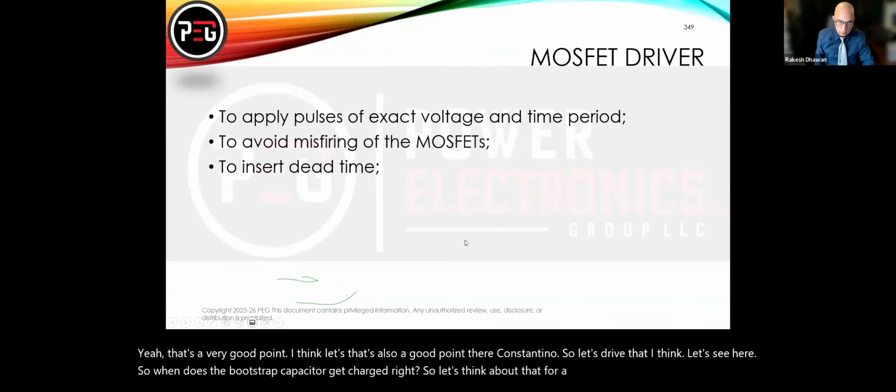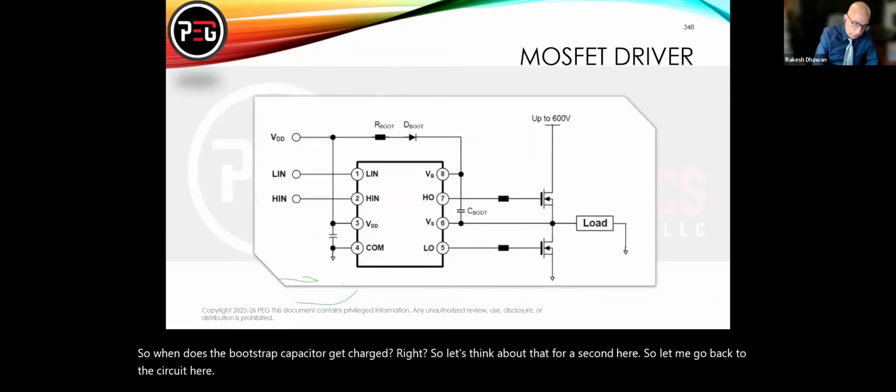Let me go back to the circuit here and share my screen again. So I have got the top MOSFET here, and I have got the bottom MOSFET here, and then I have got a bootstrap capacitor sitting here at this point.